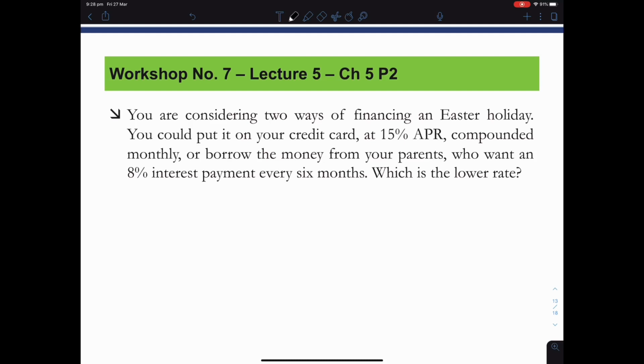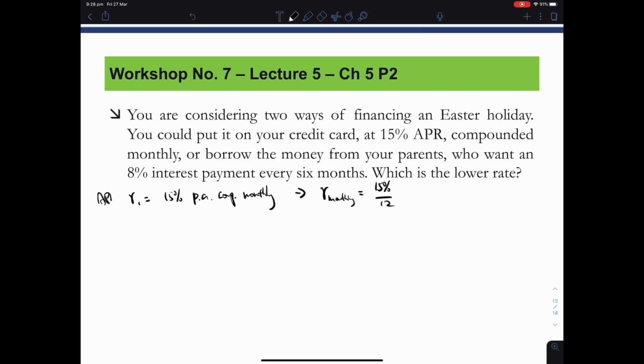So here we have two interest rates, and let me just write it. Interest rate 1 is 15% per year, APR means per annum, compounded monthly. So that means our monthly interest rate, by definition, equals 15% divided by 12, because that's just the definition of the APR.